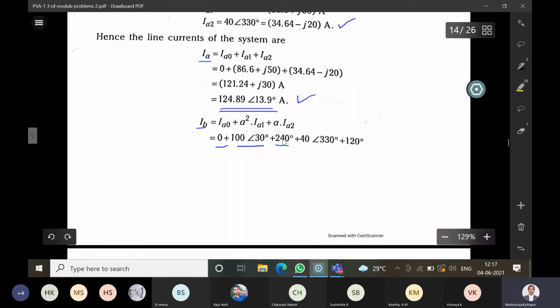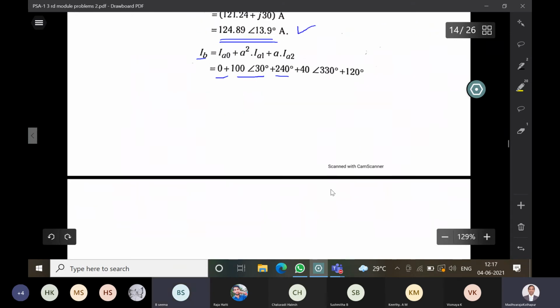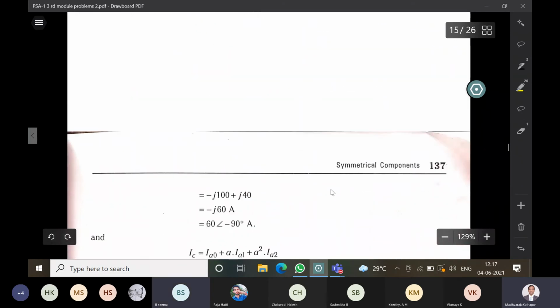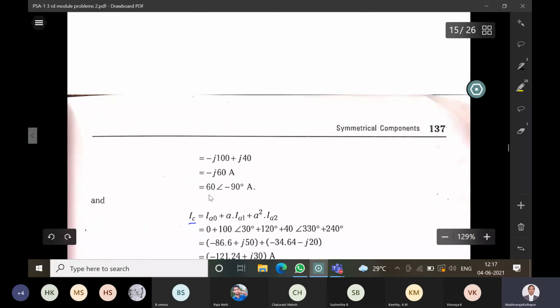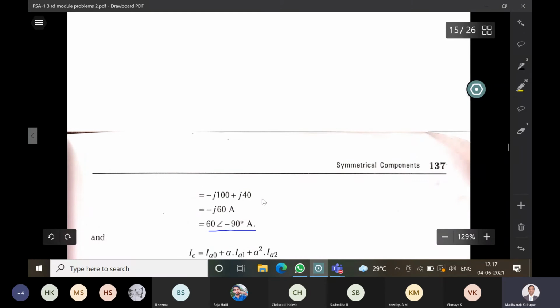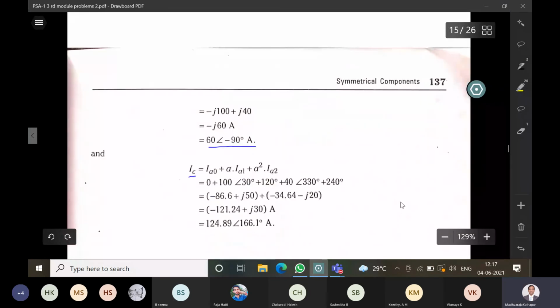So 30 degree plus 240 degree will become 270. 100 at an angle 270, right? Plus 40 at an angle 330 plus 120. How much is it? 450, right? Directly do like that. Cross check it. You have to get 60 at an angle minus 90 degree. IB value. Not more than that.